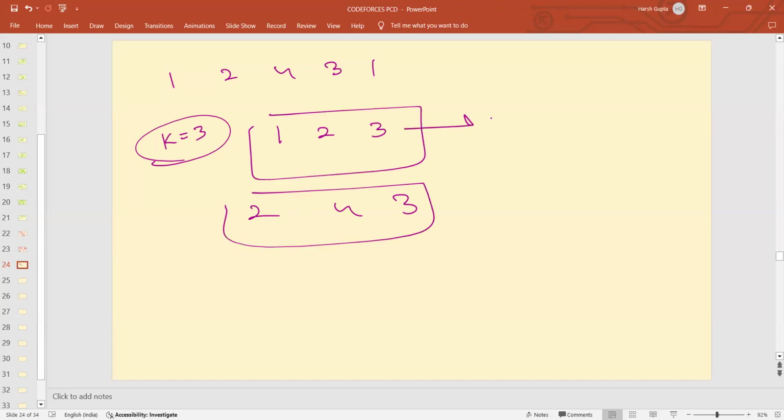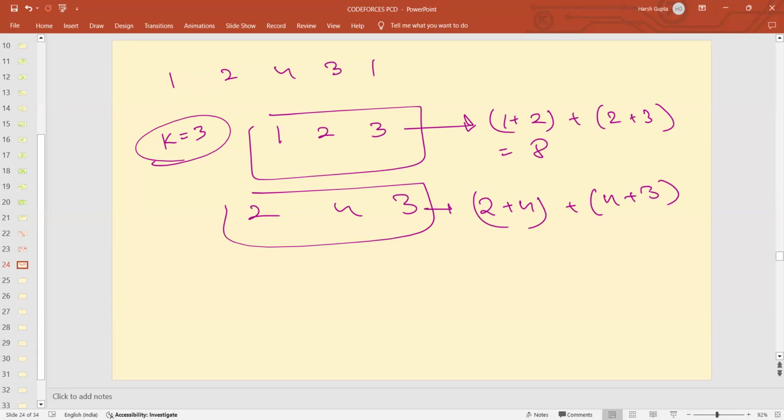If you calculate the f of C for this particular array, what will it be? It will be 1 plus 2 plus 2 plus 3, which is 8. Similarly, for this one, it will be 2 plus 4 plus 4 plus 3, which is basically 7 plus 6, that is 30.